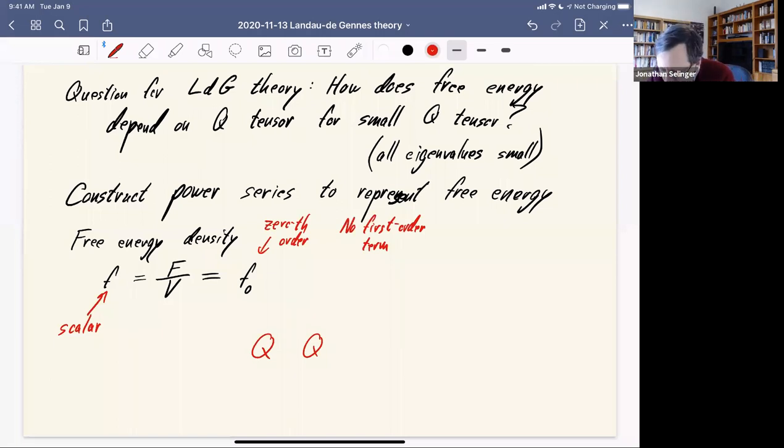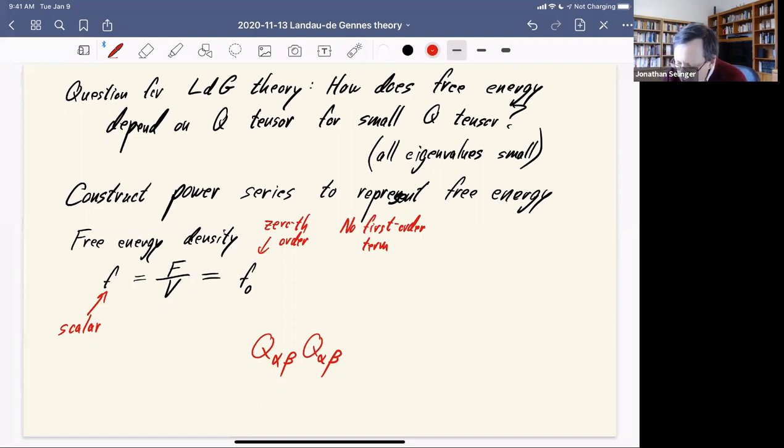The way we can do that is to say Q alpha beta contracted with Q alpha beta. When we have a term like this one, this is a scalar, right? Because it is contracted over the index alpha. It is contracted over the index beta. It has no free indices.